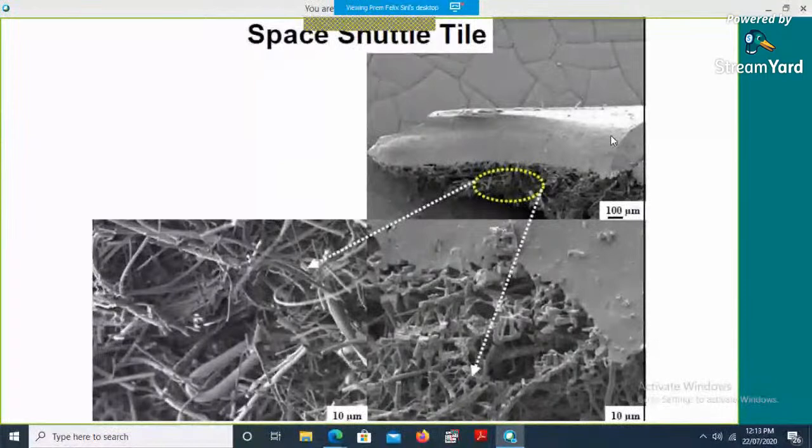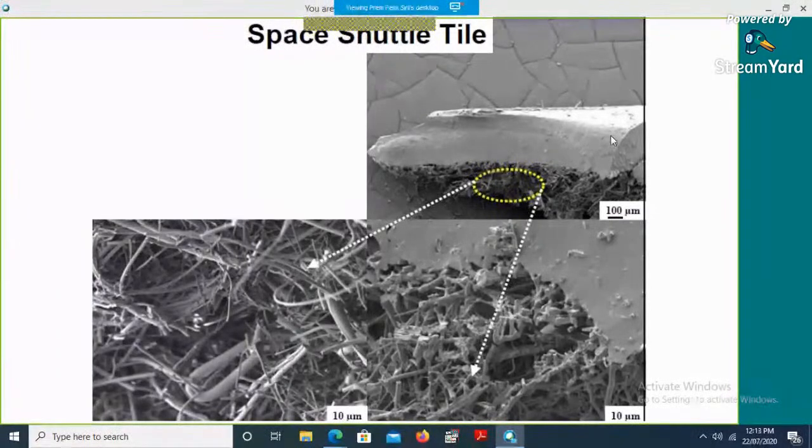In this particular case, it is a space shuttle tile. A small portion has come off from the space shuttle during the takeoff, and it is important to study why the failure has happened. In that case, SEM is a very important tool for studying such applications, because a composite can fail, say, by delamination, or if the bond between the matrix and the reinforcement is broken.